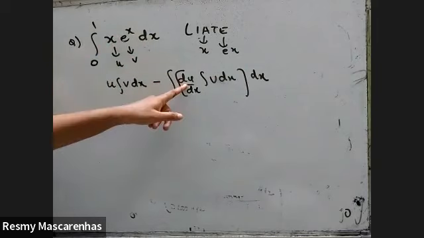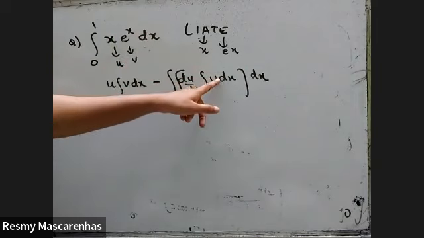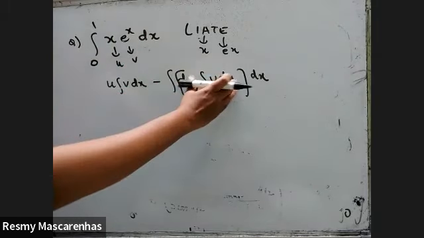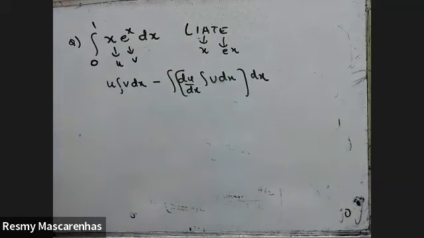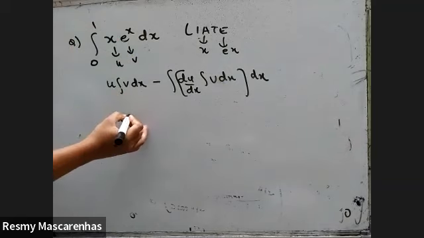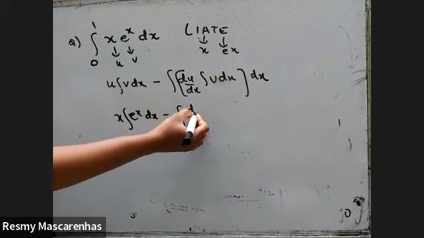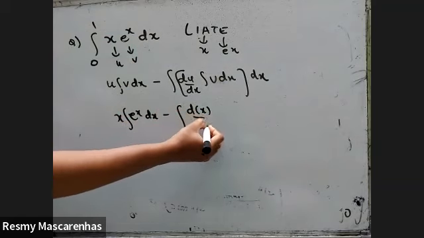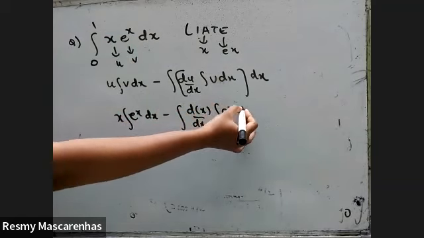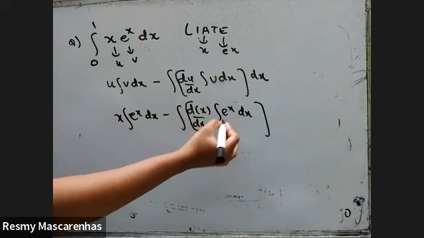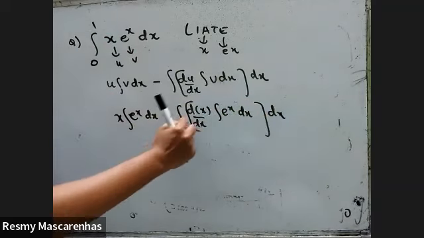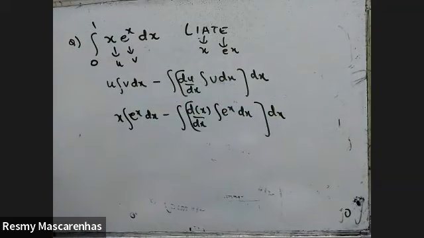Take the derivative of the first one, take the integral of the second one. Whatever answer you get, one final integration. So as per that, this will be x integral of v minus derivative of the first one and integral of the second one. Once you integrate everything, one final integration.